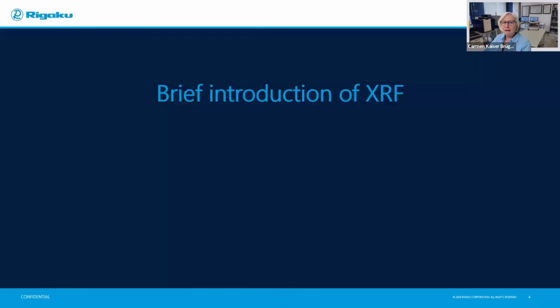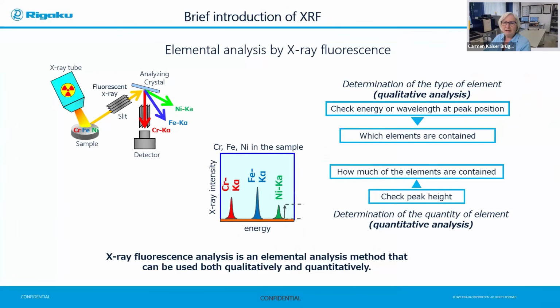So very briefly, what is XRF? X-ray fluorescence is basically an elemental analysis using the fluorescent X-ray. So here you can see, for example, that we have a spectrometer set up with tube and collimators, detectors, and the crystals. So what basically happens is that our sample or our specimen is bombarded with primary X-rays, which give rise to fluorescent X-rays.